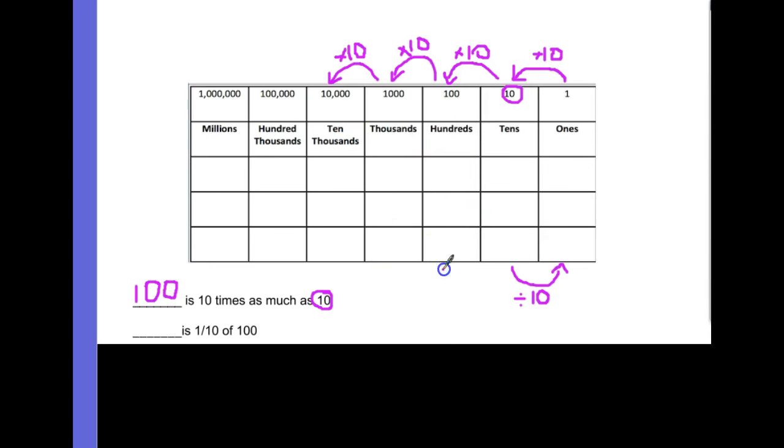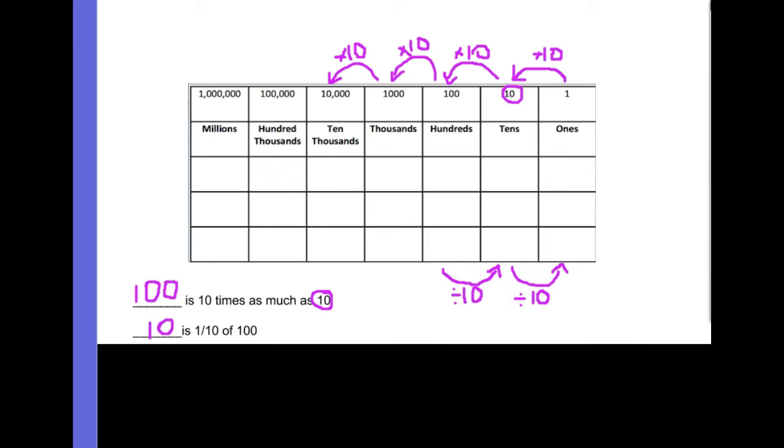What is 1/10 of, or if I divide 100 by 10, what would my answer be? Well, hopefully you looked at the place value chart and you saw that 100 divided by 10, or 1/10 of 100, is 10. So my answer would be 10 is 1/10 of 100.